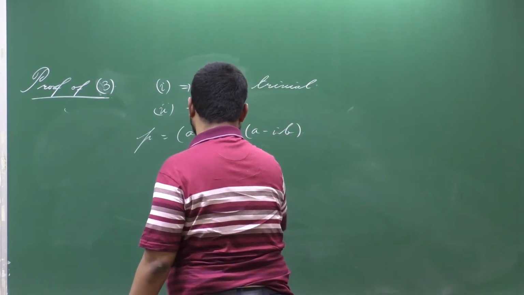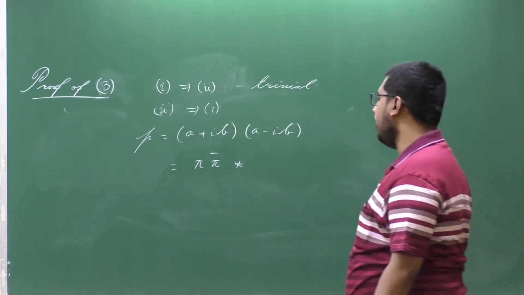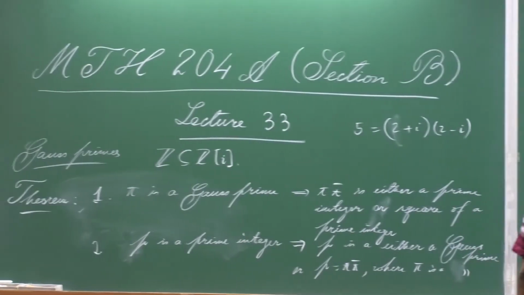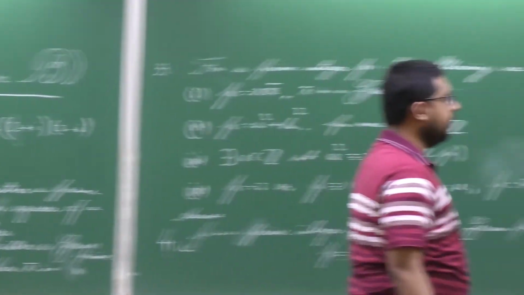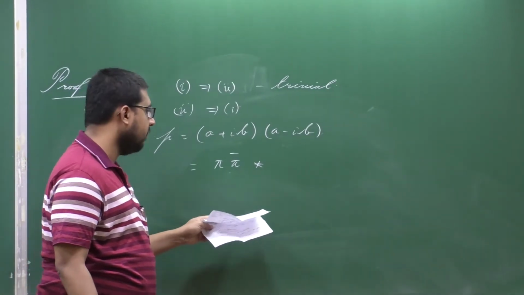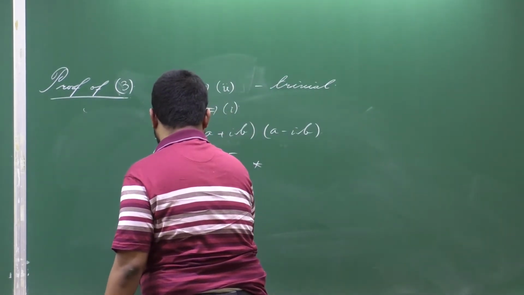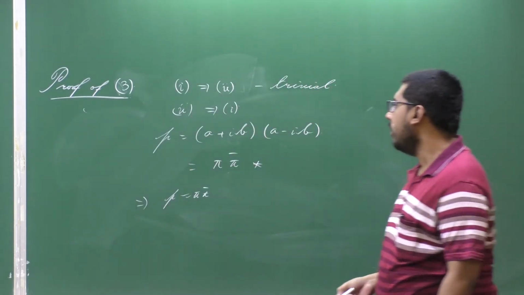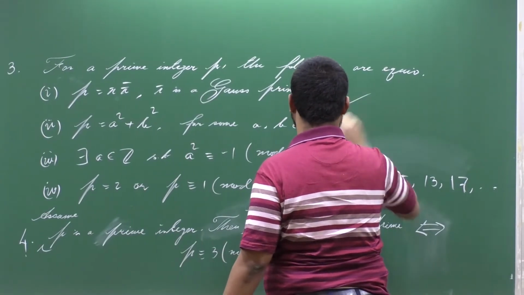Therefore, it will be pi into pi prime times something, this is equal to p, and then it simply forces, in view of this, that either it is a prime integer or a square of a prime, and from that it easily follows that one must have equal to pi into pi prime. Okay. So, the equivalence of 1 and 2 is now done.